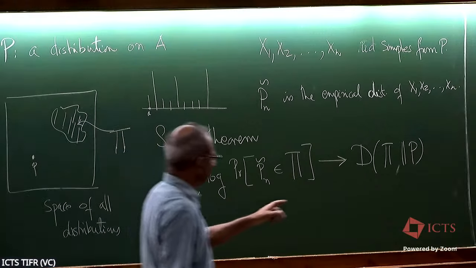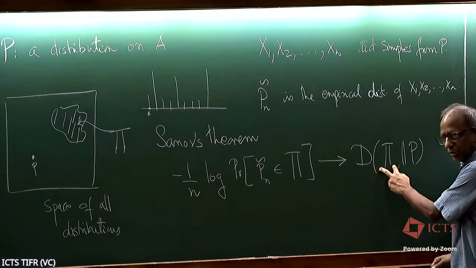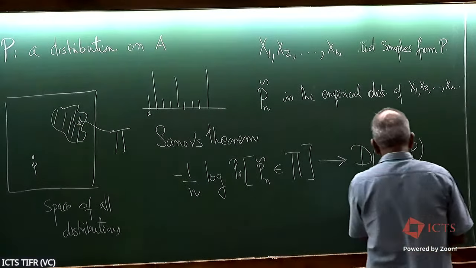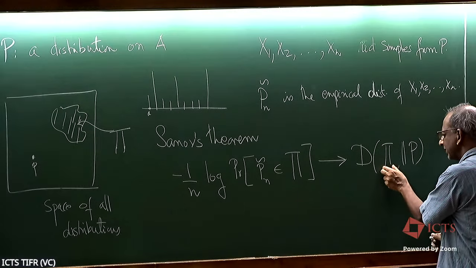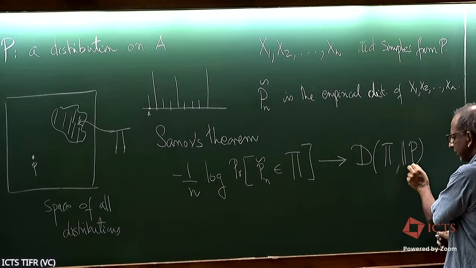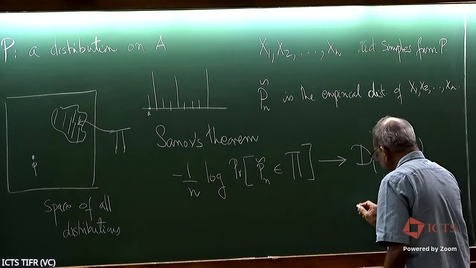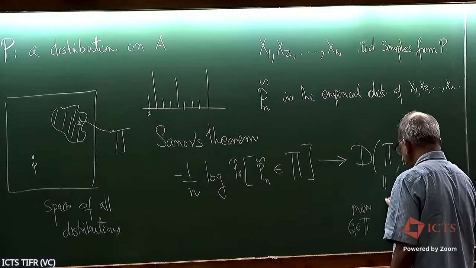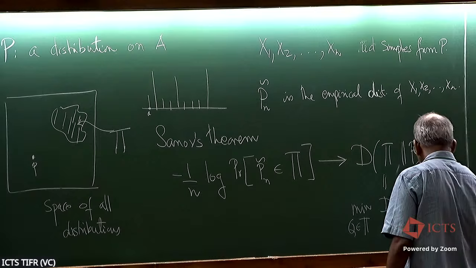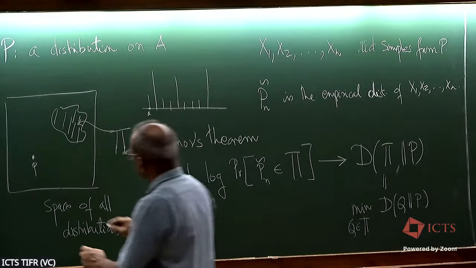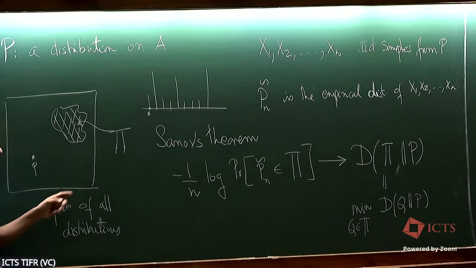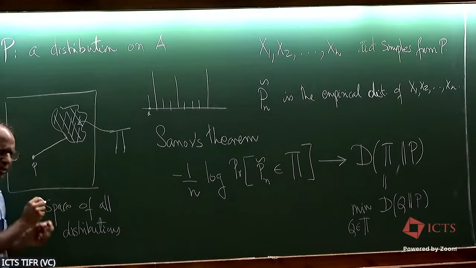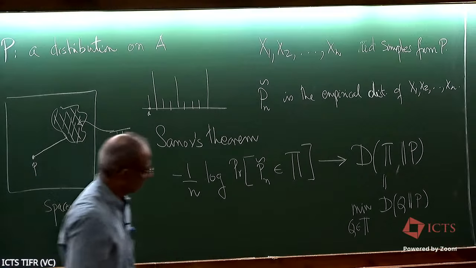So I haven't defined this. This capital Pi is a set of distributions, and I'm looking at the divergence between this set of distributions and P. Among the distributions that are here, choose the one which is closest.